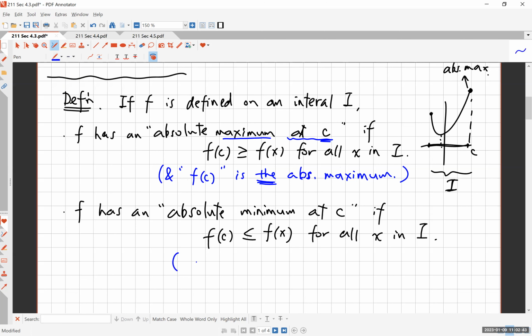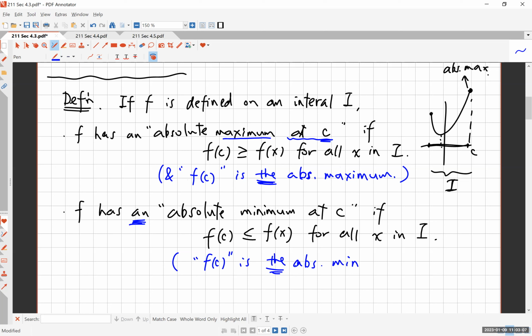And once again, f of c in this case is the absolute minimum. Now I say the, not an, absolute minimum or maximum. Here it's a definite article, because if this is the highest point or the lowest point, there's only one y value. Now it could happen at a couple of places.